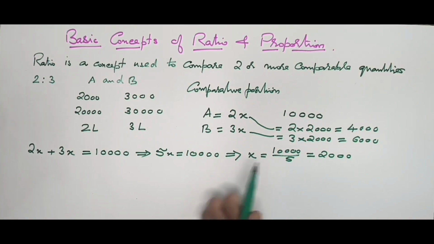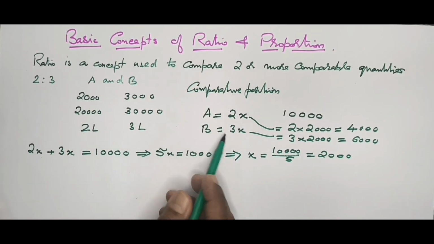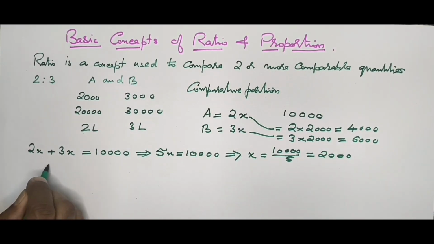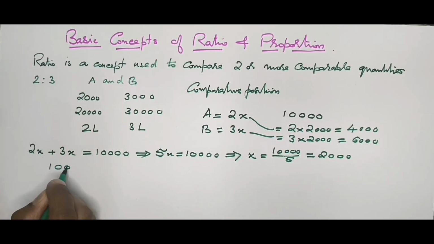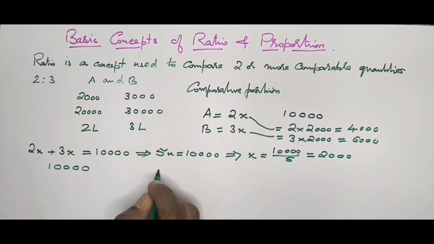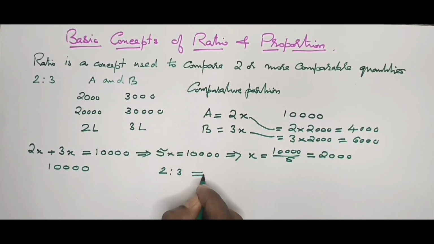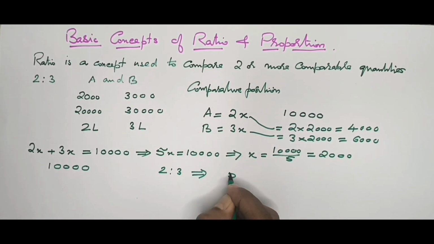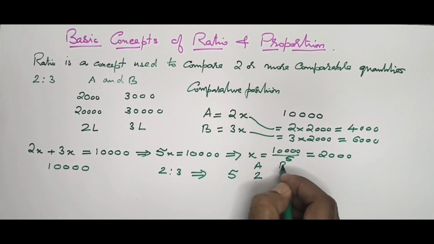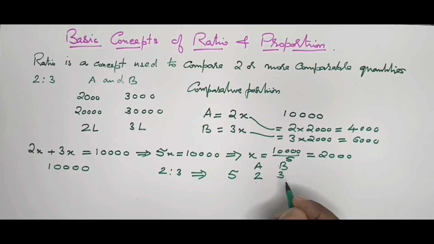For simple problems of this kind, to find out the individual salaries of A and B, you don't need to take this approach. Look at this. 10,000 is given to be the total salary. When you say the ratio of their salaries is 2 is to 3, the meaning of this is when the total salary is 5, A will have 2 parts of that and B will have 3 parts of that.